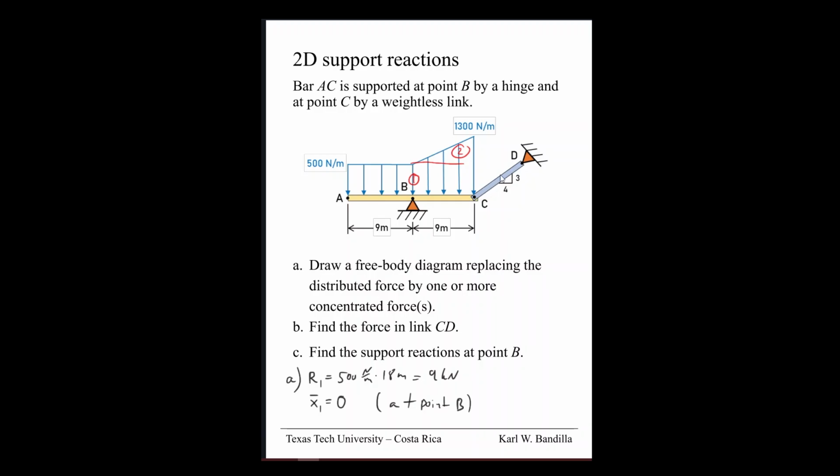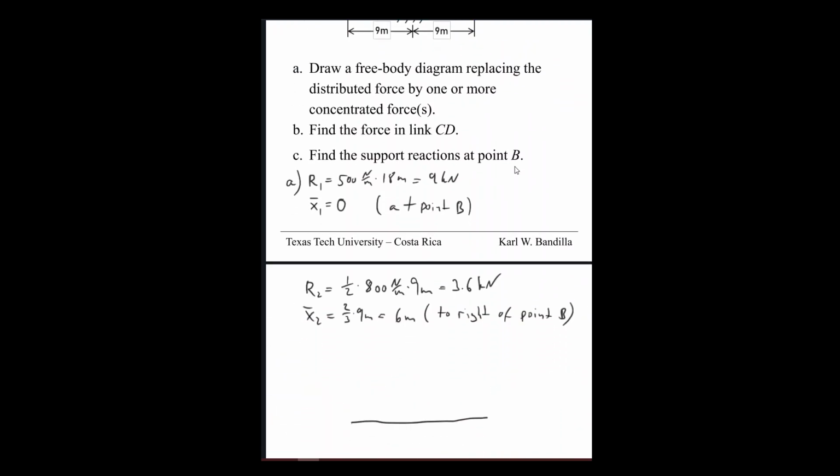So the force has to be in the same direction as this bar. So that would be going like this, and we will call that TCD. And we know that TCD is at a slope where this is 4, this is 3, and this is 5.